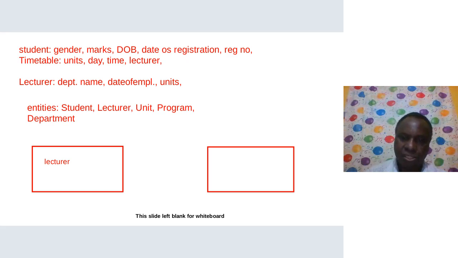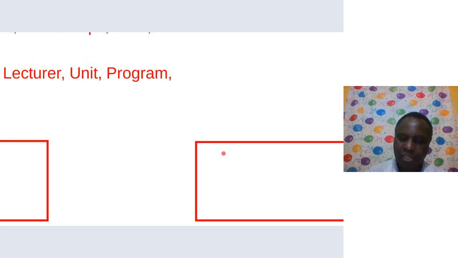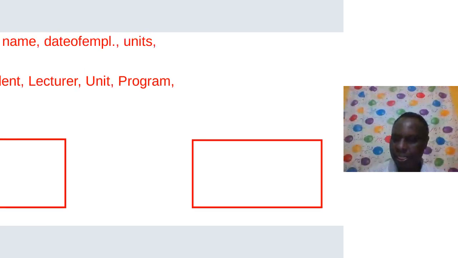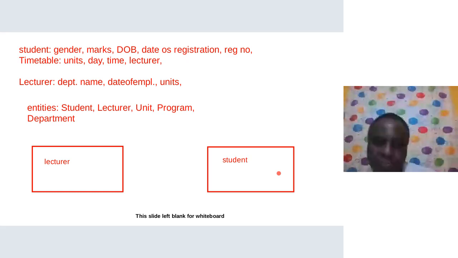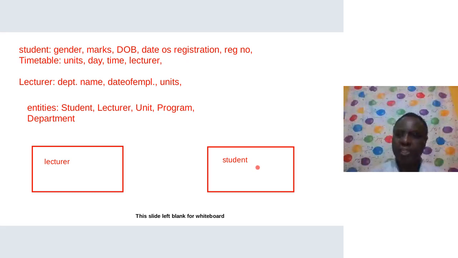By the time you complete your design, in most cases you are likely to have very many entities. But for now, we're just using this for demonstration. There will be very many entities. Maybe for the sake of having some more variety, we can add another one.